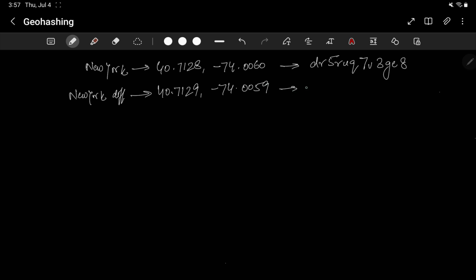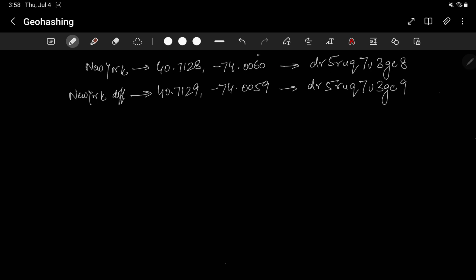Okay, when this is encoded in geohashing, it becomes dr5ruq7v3ge9. Now you see, since these two places are nearby, as we can see from the coordinates, their geohashing strings have 11 characters in common, right? We can see that only the last character is different. It means they must be very near.